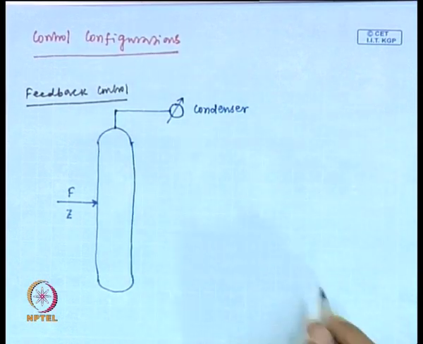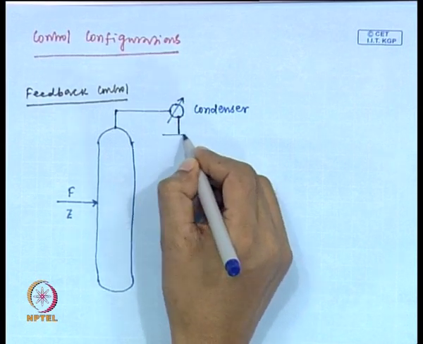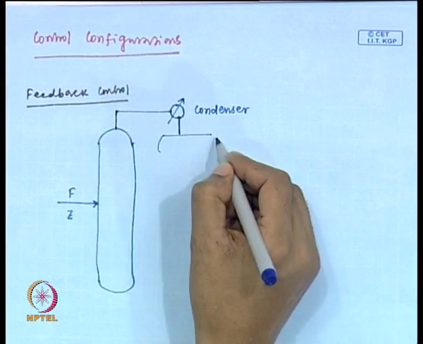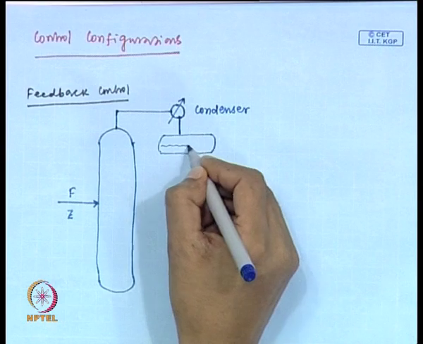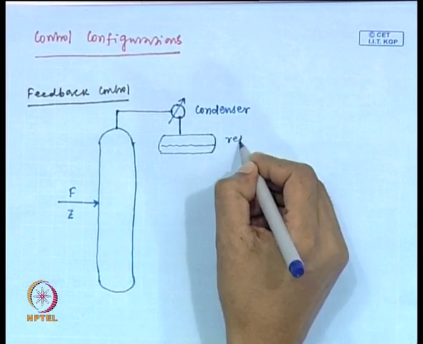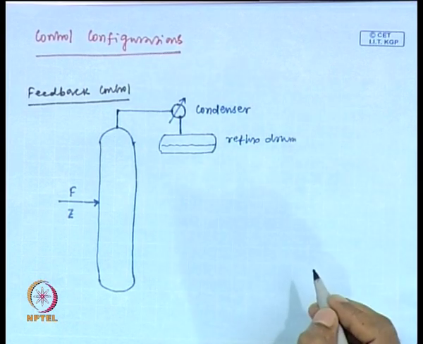Then the condensed liquid is accumulated in a drum, which is the reflux drum, also called the reflux accumulator.